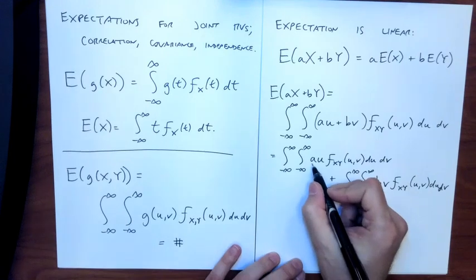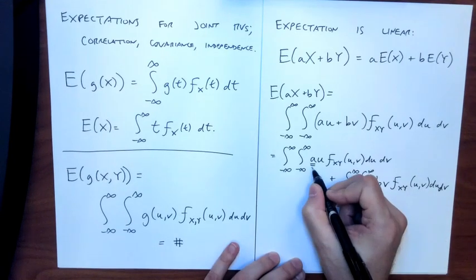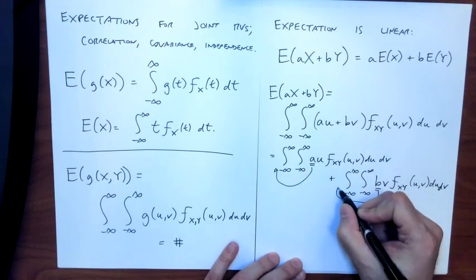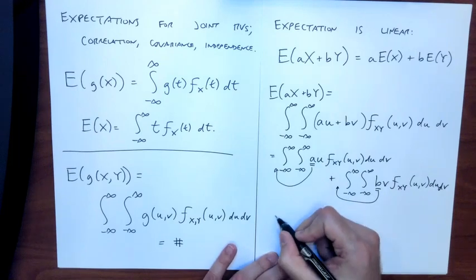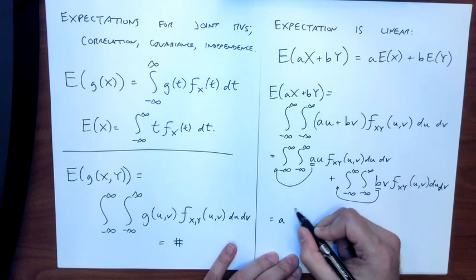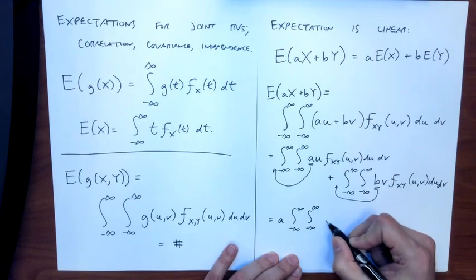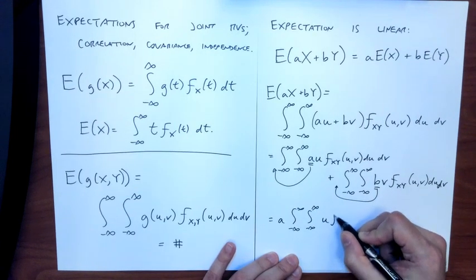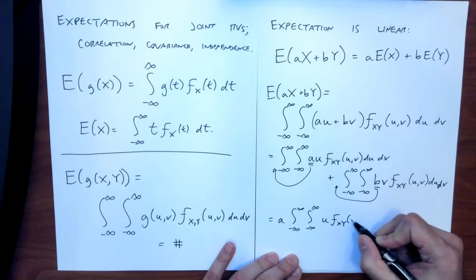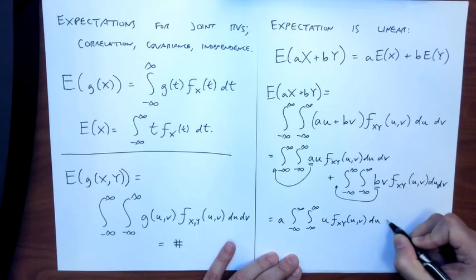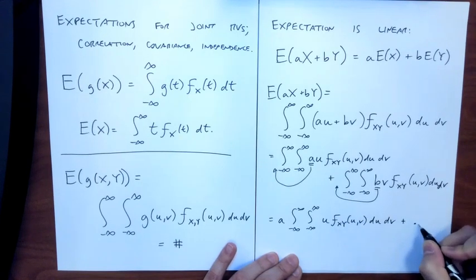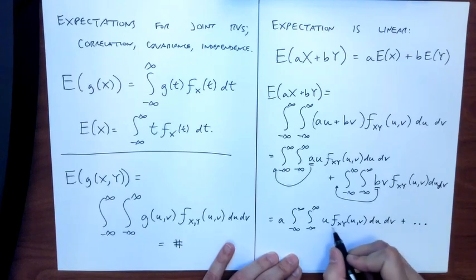And then, so this is just a constant. These constants can kind of come out to the outside of the integral. And then what I'm left with is something like a times this double integral. I'd have something like u f of xy uv du dv, plus I'm not going to do this second part, just let's follow along with what happens here.